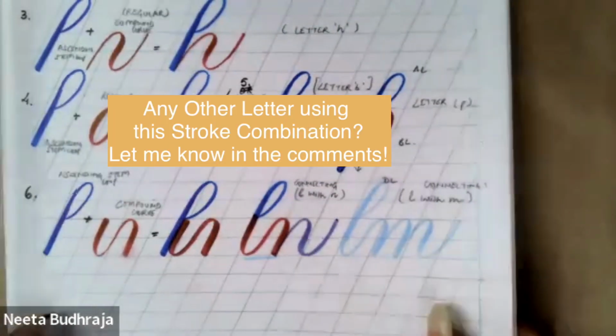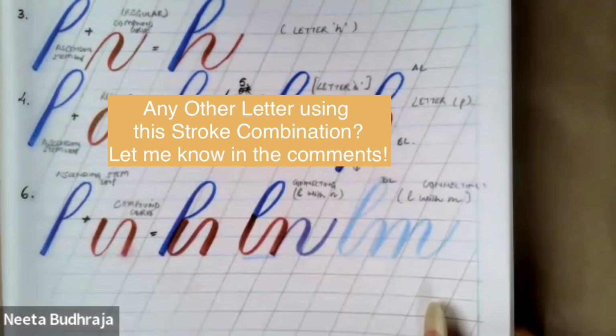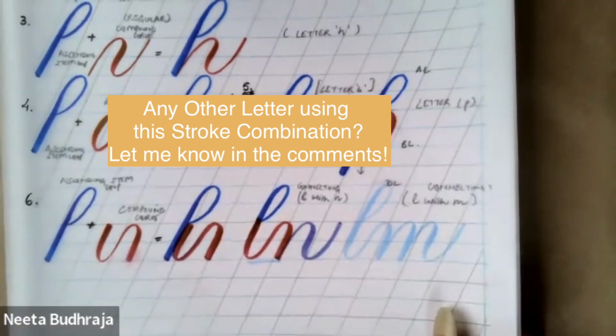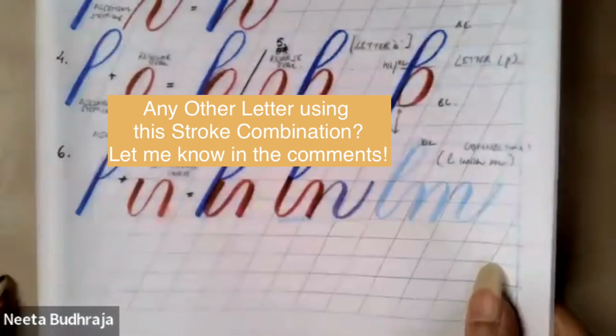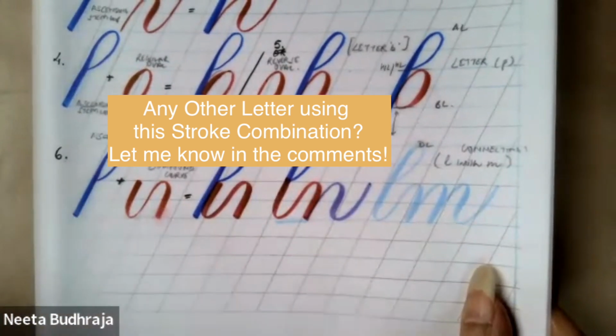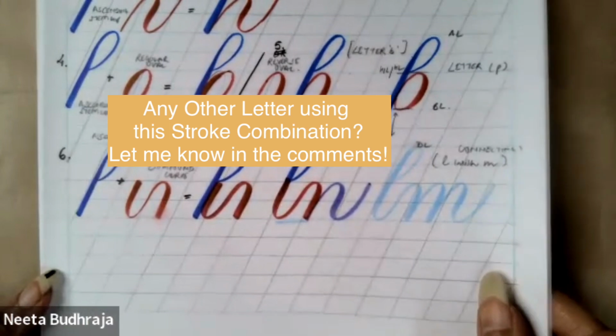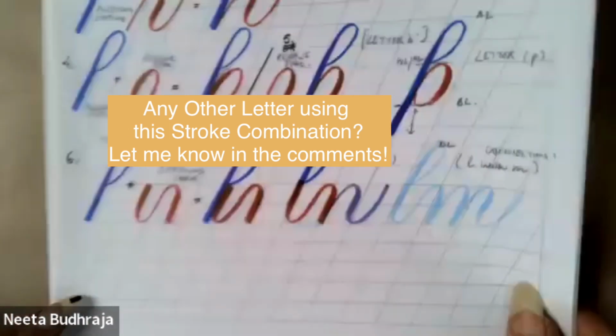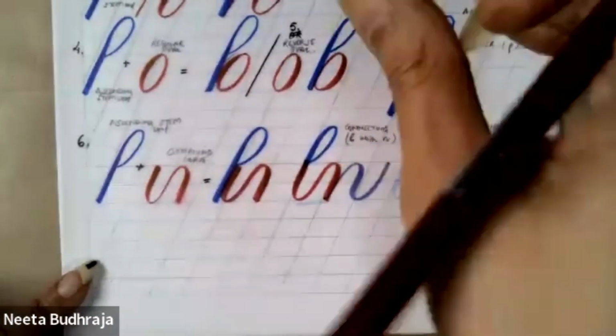So we have got this, and if you just check and explore and try different letters and see if any of this combination is used in any other letter connection or letter form, let me know in the comments.